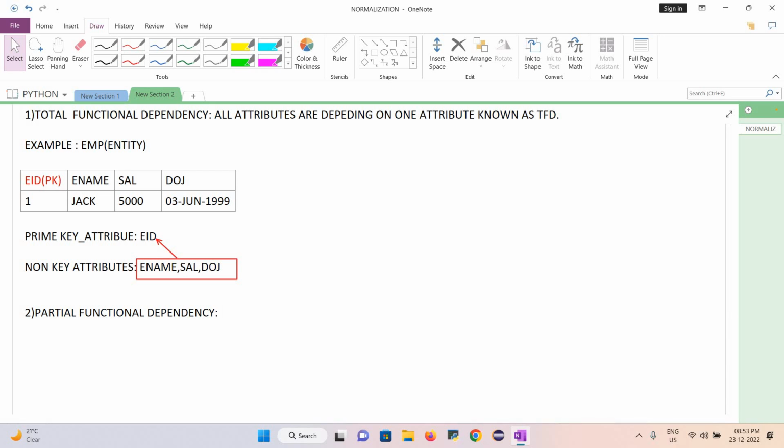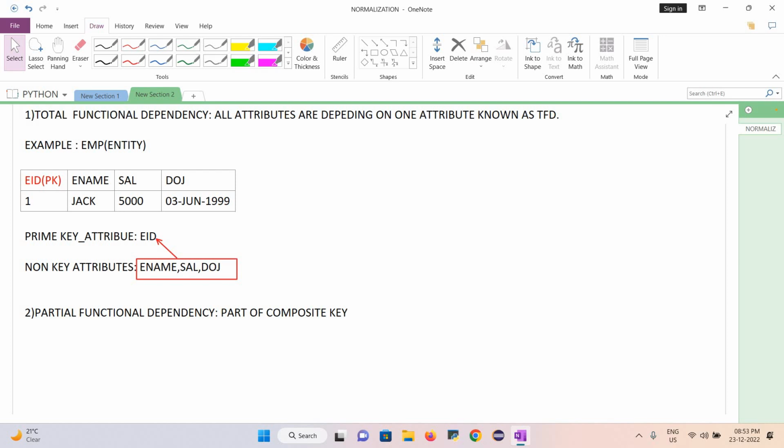So now, a part of a composite key. When do we find a composite key? When there is no primary key present. Before going to the table, let us understand this definition.